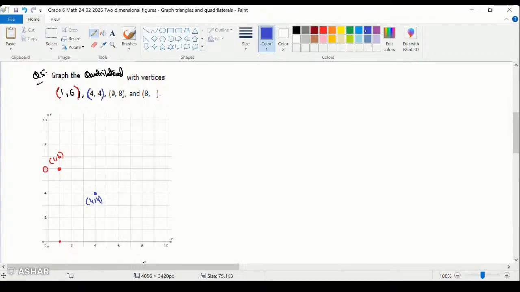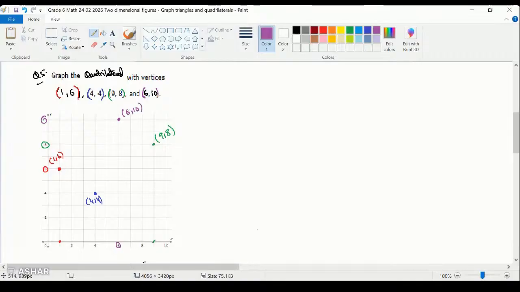Then we have 9, 8, right? 9 comma 8. This was 8. Agreed. And let's say this point was 6 comma 10. So can we draw 6 and 10 over here? This is 6 comma 10.